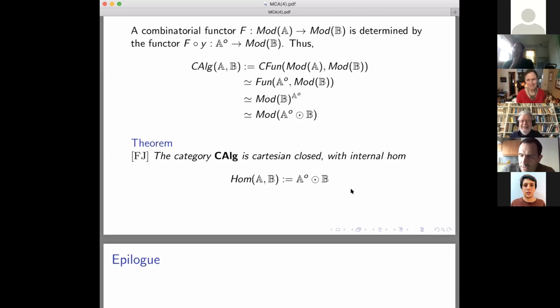And you would say it doesn't work in this larger category? Would you guess that it doesn't work if you take the larger category? The larger category of all functors, you mean, or something like this? No, all categories with shifted colimits and combinatorial functors between them. A good question.